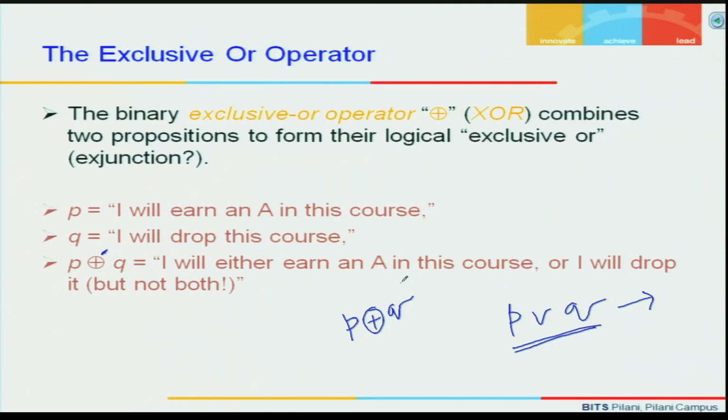This is the difference. Here it excludes the possibility of both propositions being true, whereas usual OR includes the possibility of both being true. That is why it is called inclusive OR and this is called exclusive OR. It excludes the possibility of both being true. That is why it is called exclusive OR, and it is called XOR.